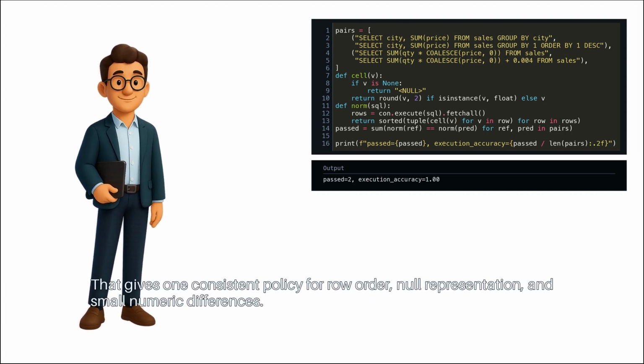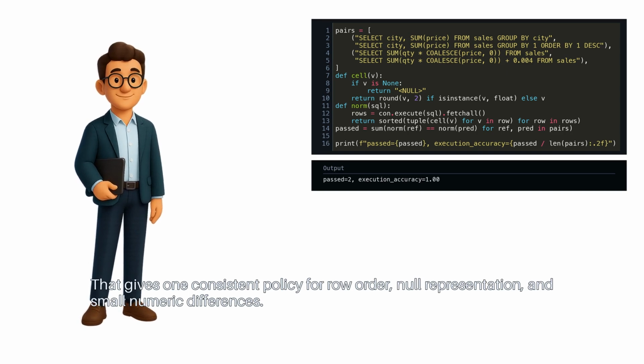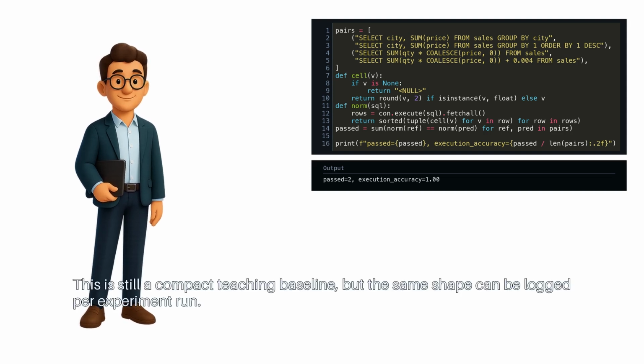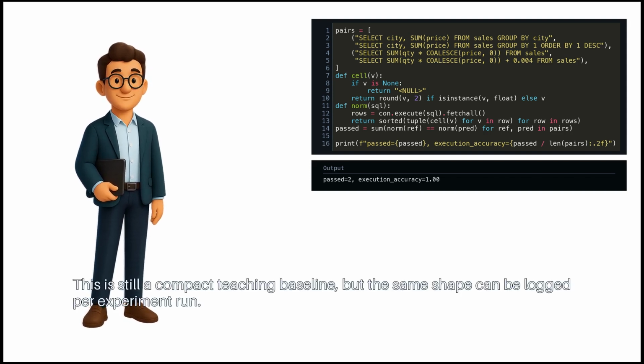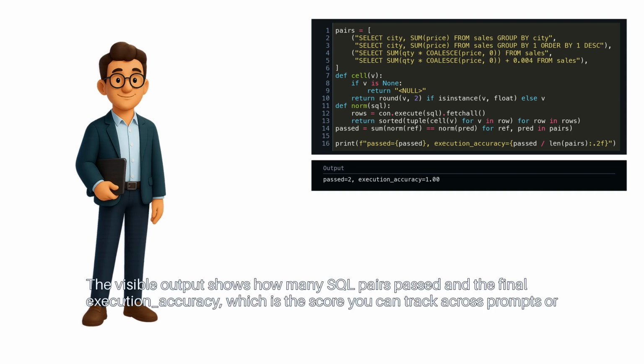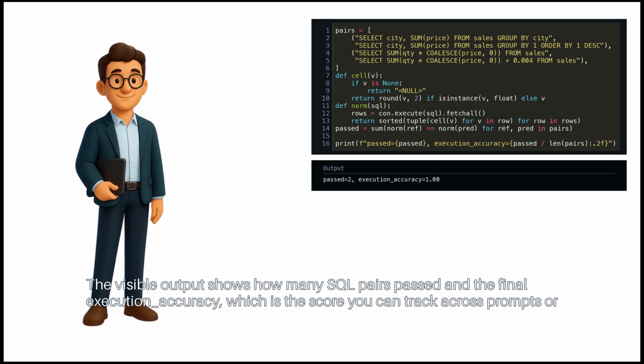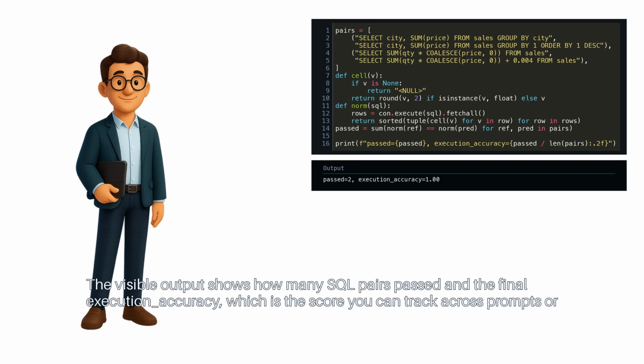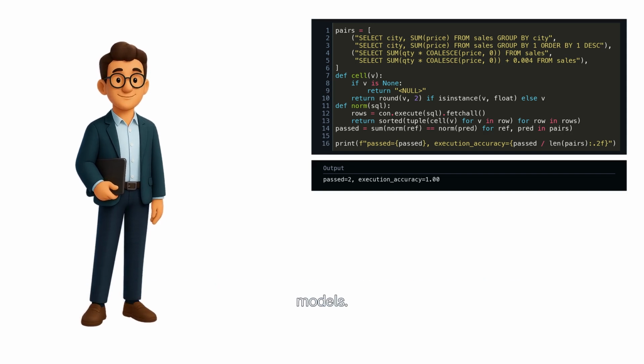That gives one consistent policy for row order, null representation, and small numeric differences. This is still a compact teaching baseline, but the same shape can be logged per experiment run. The visible output shows how many SQL pairs passed, and the final execution accuracy, which is the score you can track across prompts or models.